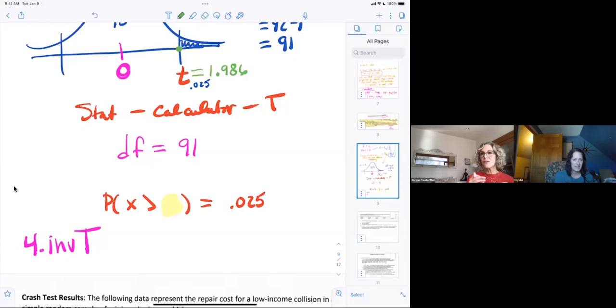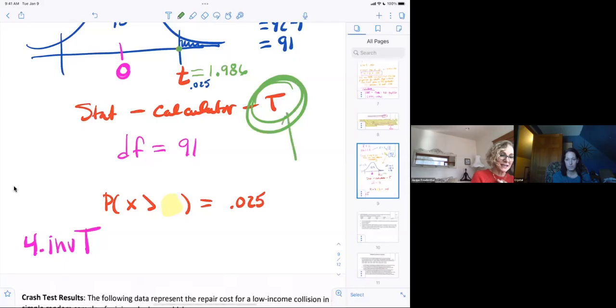And if you're off by just a few decimal places, it might be because you're not using T and you're using the normal. So that could be a case where if you're getting an incorrect critical value, it might be because you're not using the correct operation for T versus normal.